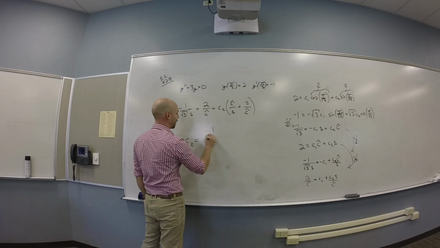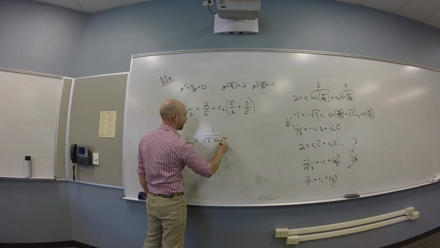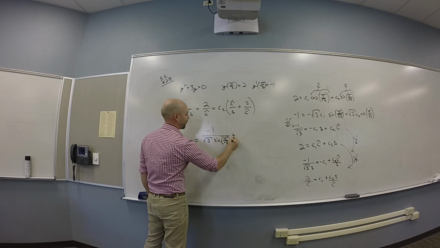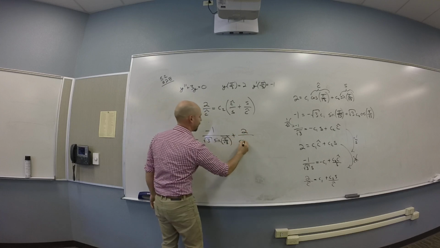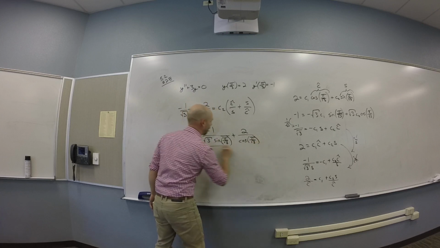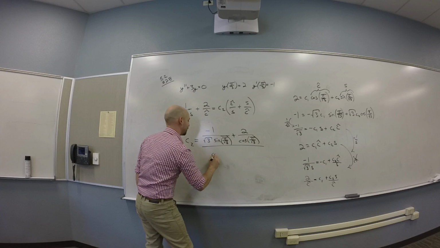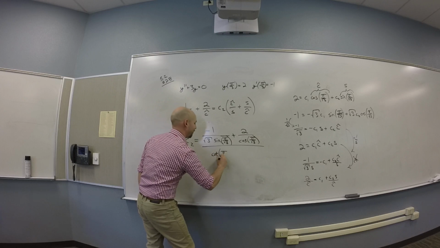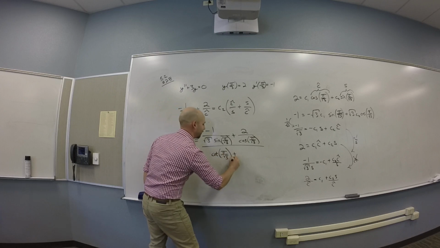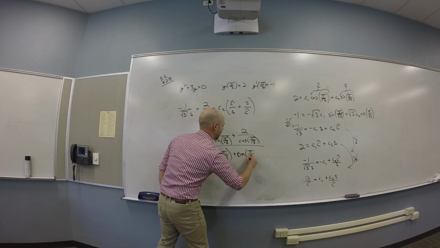So you got minus 1 over the sine of pi over the square root of 3 plus 2 over the cosine of pi over the square root of 3, all over, let's see, we said that one was a cotangent of pi over the square root of 3 plus tangent of pi over the square root of 3.